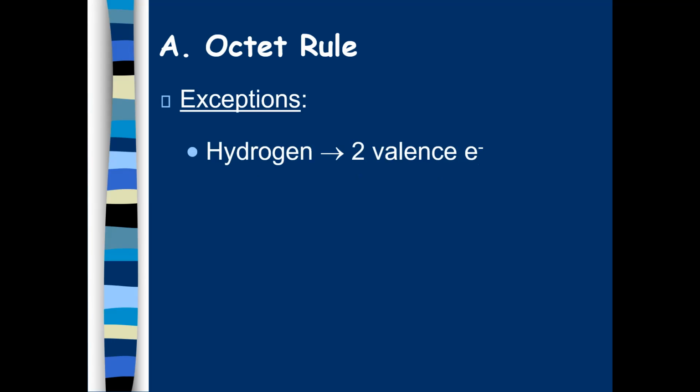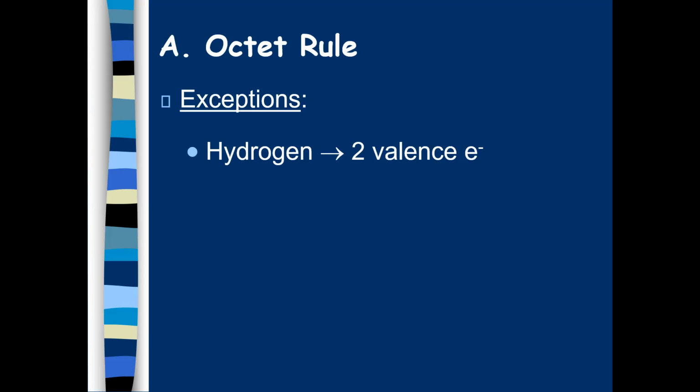Hydrogen, if you recall, only has one layer of electrons, one level. And that means that by design, the first level can only have 2. Therefore, hydrogen can only have 2, which makes sense.